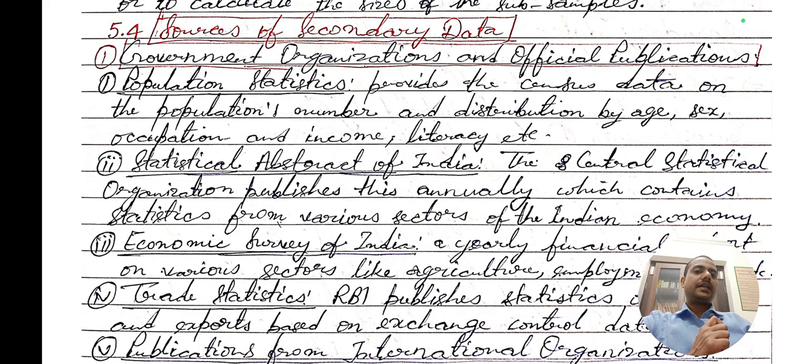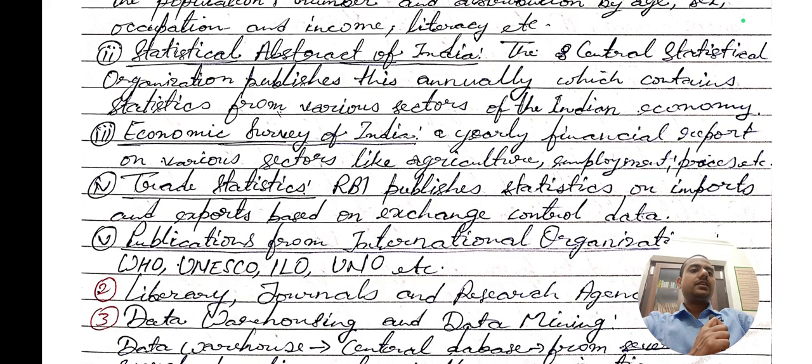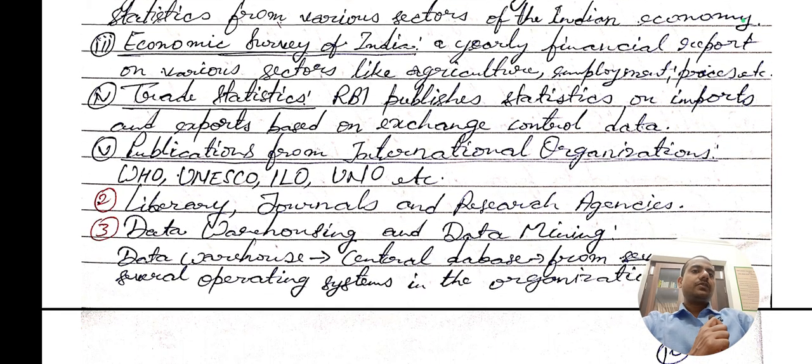The Central Statistical Organization publishes this annually, which contains the statistics from various sectors of the Indian economy. Economic Survey of India, a yearly financial report on various sectors like agriculture, employment, prices, etc. Trade statistics: RBI publishes statistics on imports and exports based on exchange control data. Publications from international organizations such as World Health Organization, UNESCO, ILO, UNO, etc.